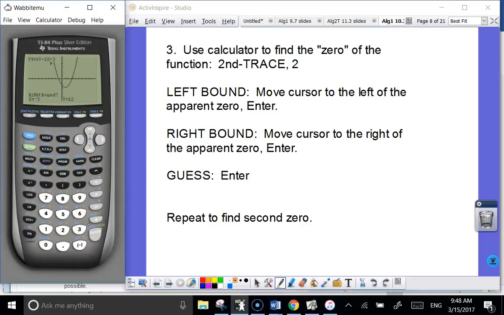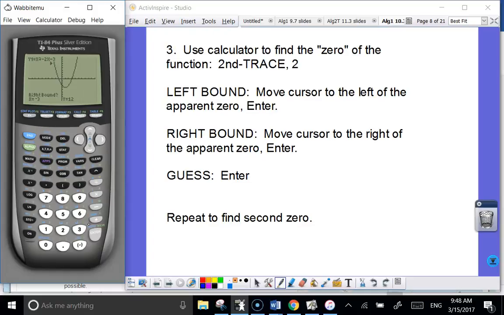So I'm going to enter -3. And you can see when I do that, it sticks a triangle up there, right at -3. Now it asks me the question for right bound. Now, you have another option.